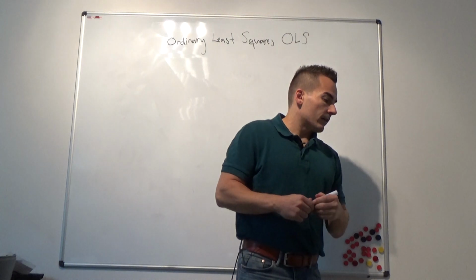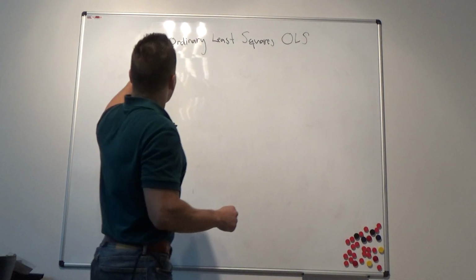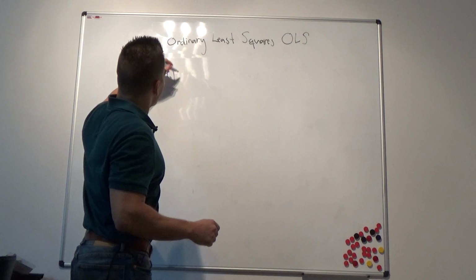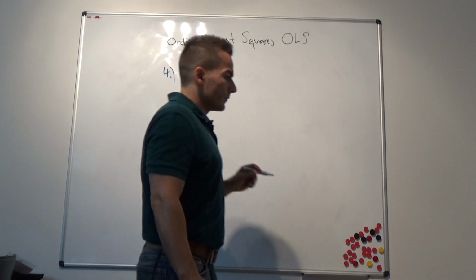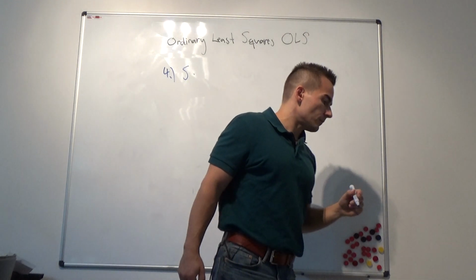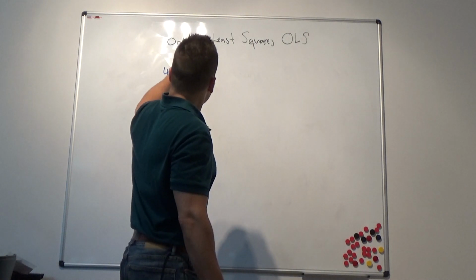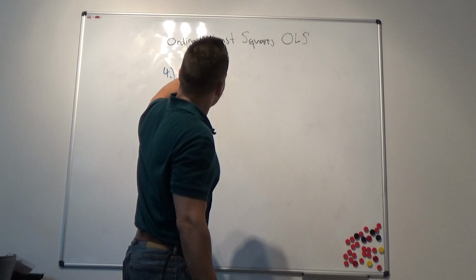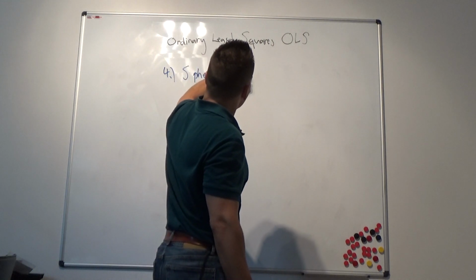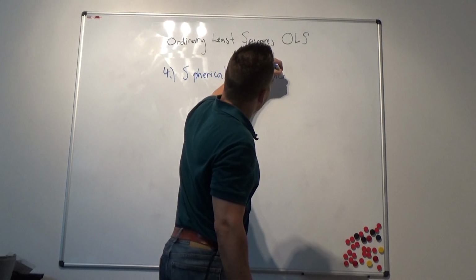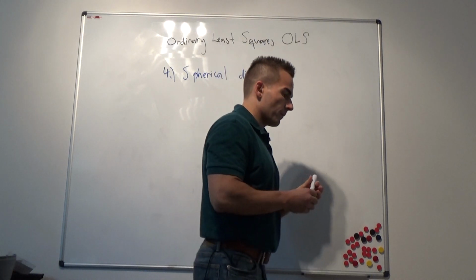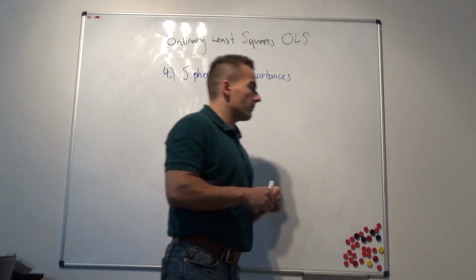So the next assumption, the fourth assumption, is spherical disturbances. What does that mean?